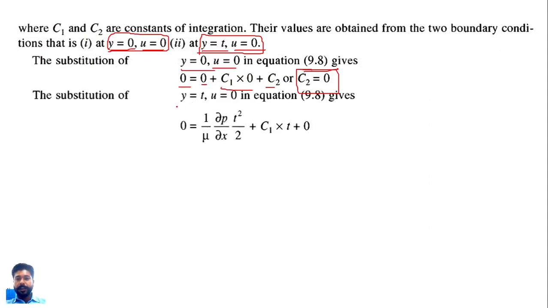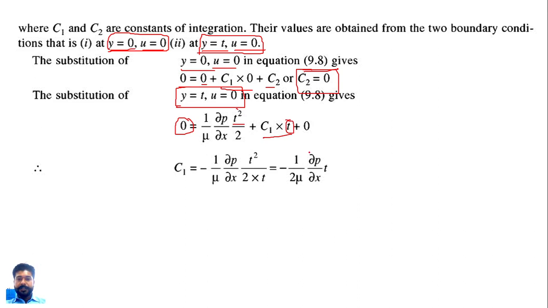And after putting the other boundary condition, y equals t, at that time u equals 0, so u equals 0 and y equals t, c1 into y, here it is again t. After simplifying this equation, we get the value of c1. So the value of c2 is 0, and the value of c1 you can see over here.